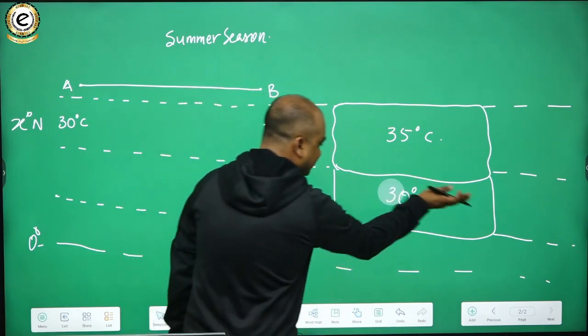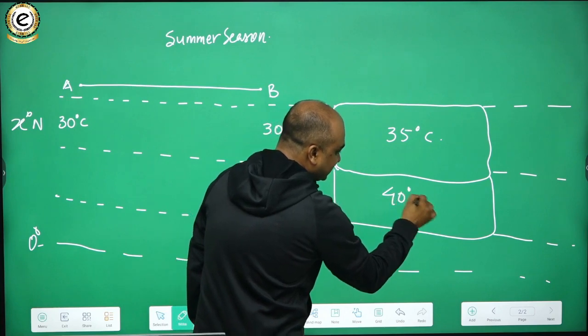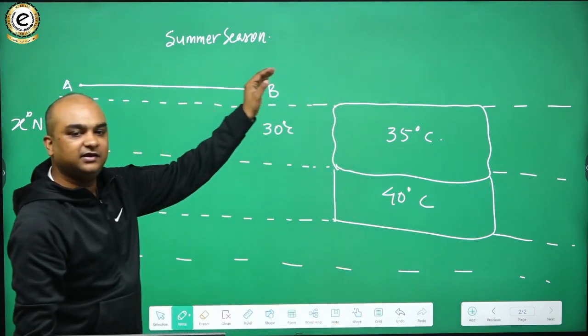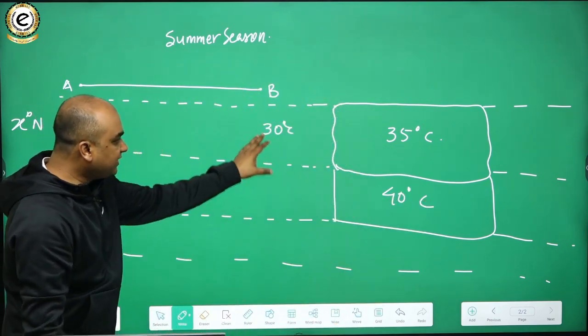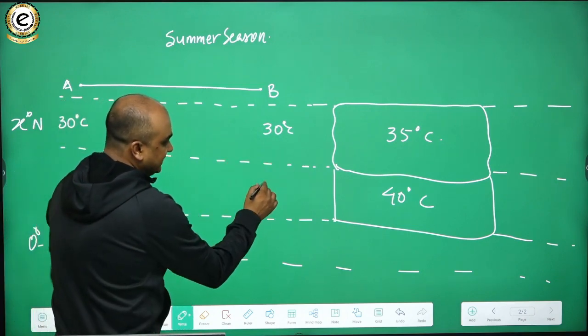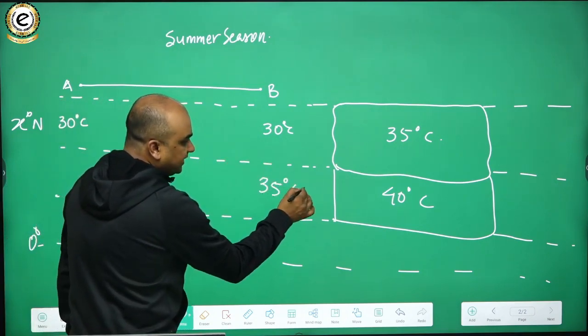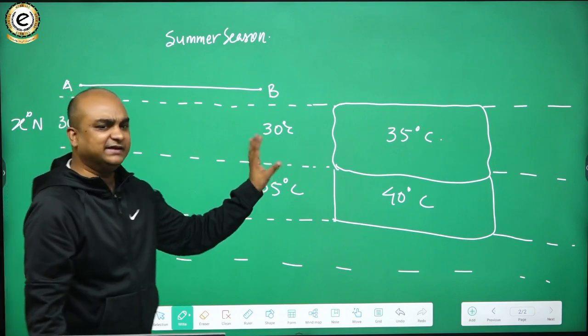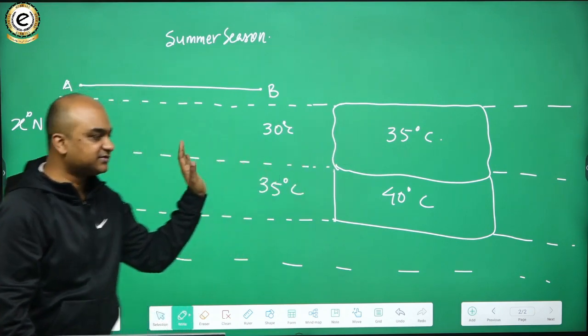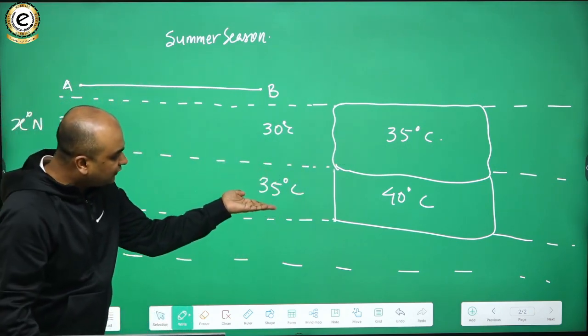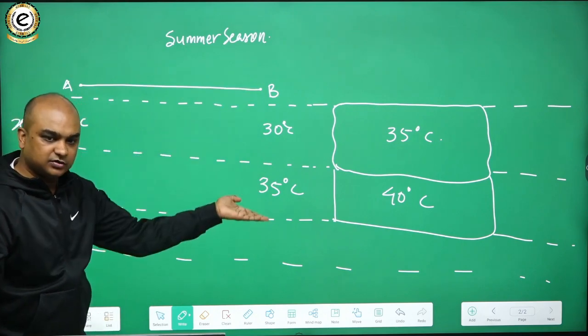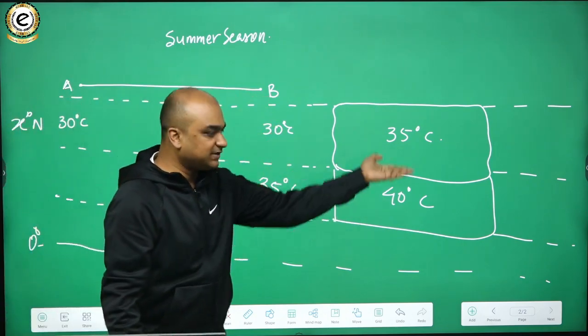Sorry, this could be somewhere around 40 degrees Celsius. Like the temperature is constantly falling. You understand that? And here also, can I say just by applying the same logic, this would be 35 degrees Celsius. I'm just taking round figures for mathematical ease, right? Do you get it? So as I move towards the north, in water also the temperature will fall. In land also the temperature will fall.